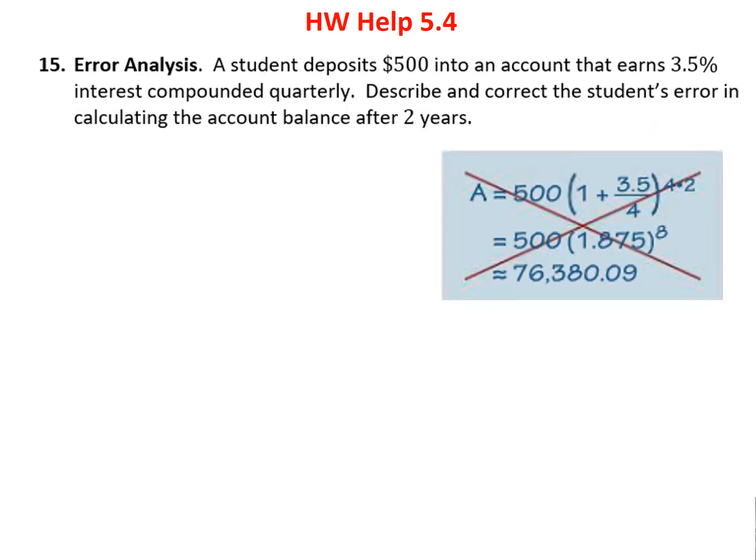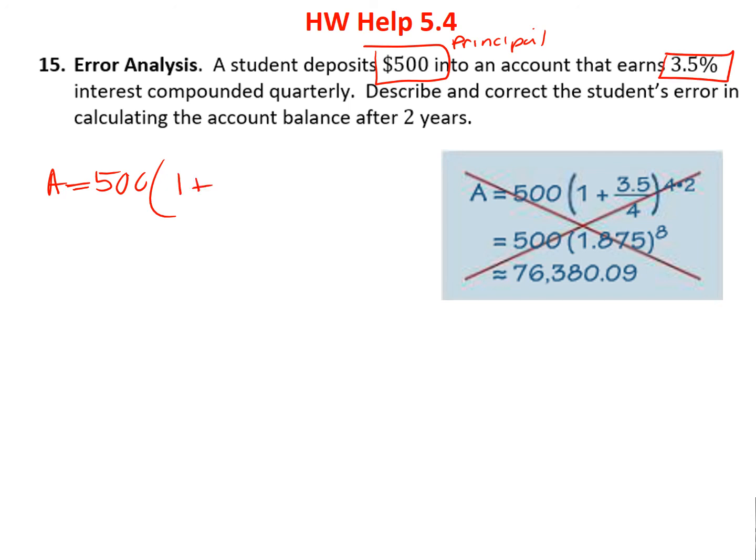All right, to look at the error, I usually just try to work the problem without looking at it, and then each step see if they did the same thing I did. So notice here, student deposits $500, so that's my principal. So I'm going to have A equals 500, so we're good there. And then it earns 3.5%, so I'm going to have 1 plus 3.5%.